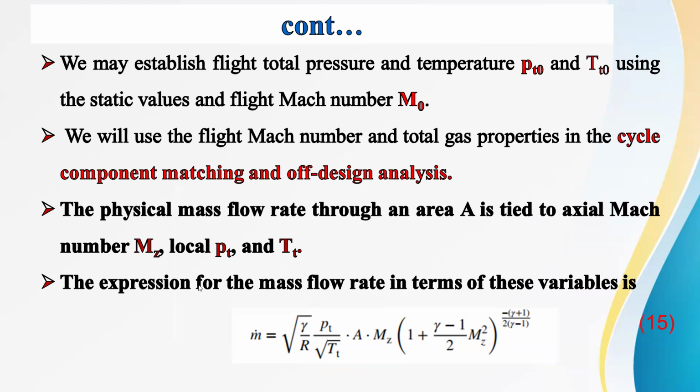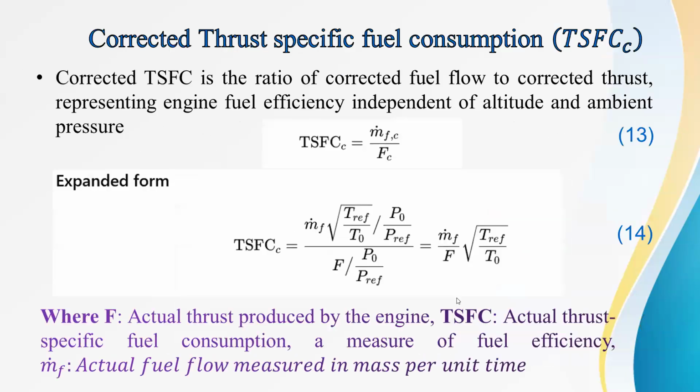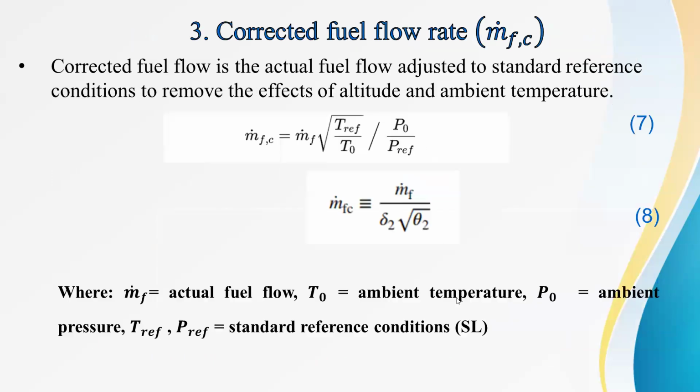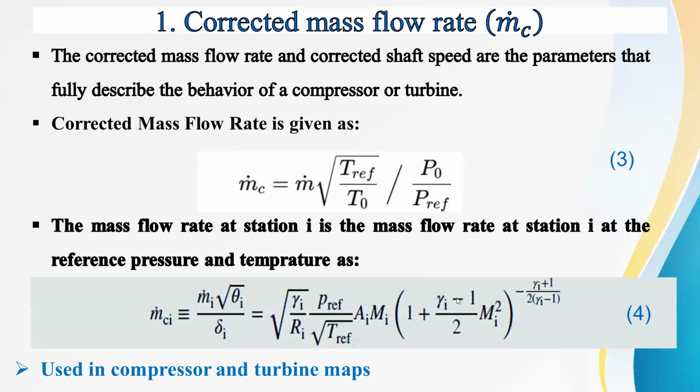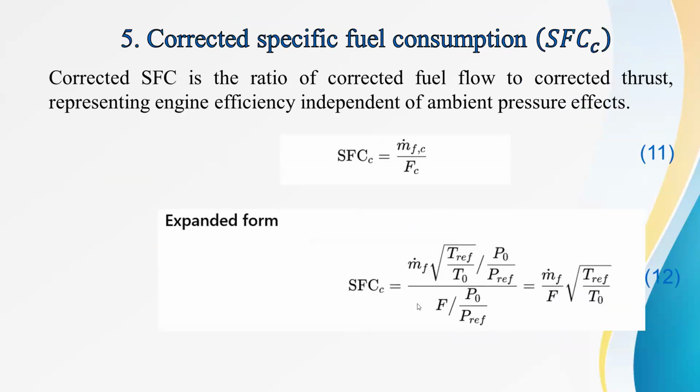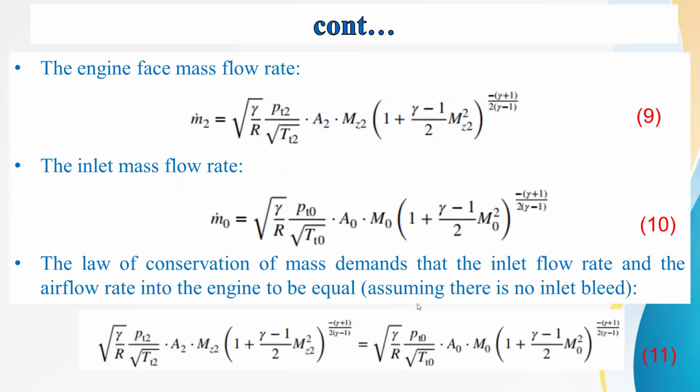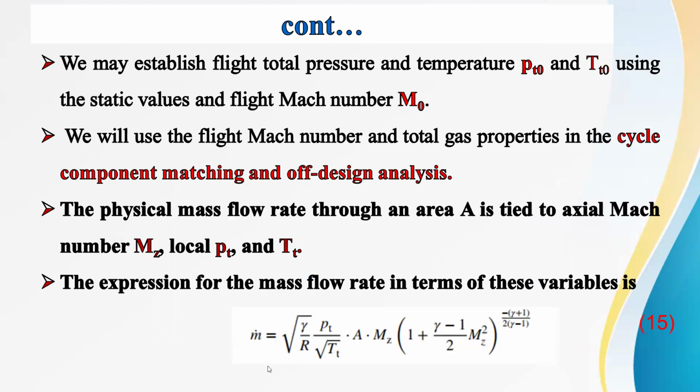So the expression for the mass flow rate of the gas is m dot equals the radical of gamma over R times PT divided by the radical of T. This equation we already represented here. It is the MFP equation, the mass flow parameter equation, which will be repeated here.